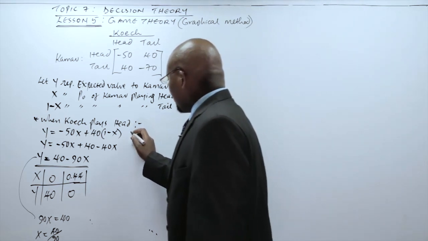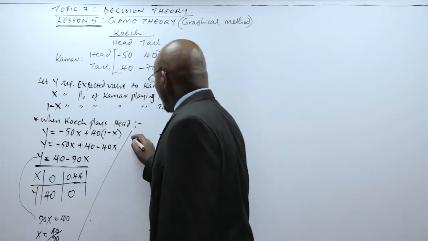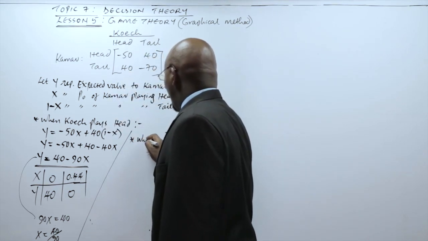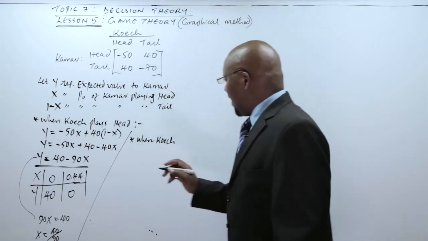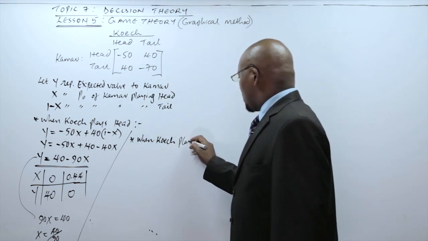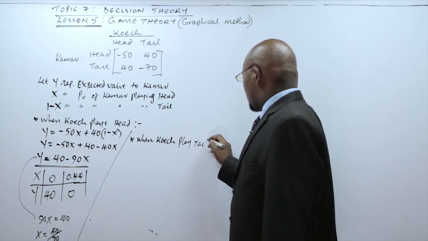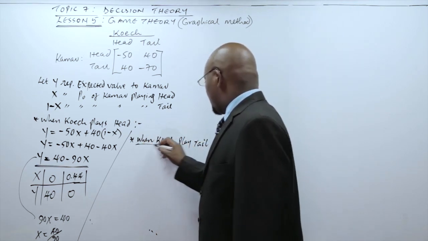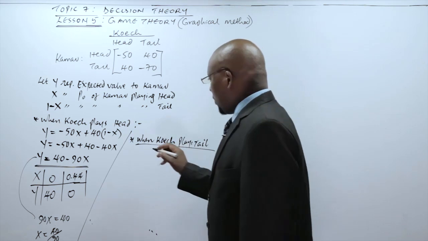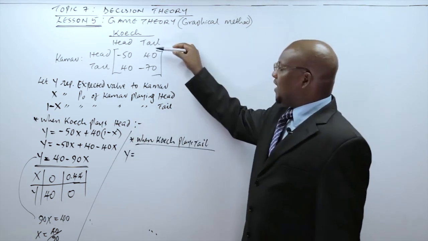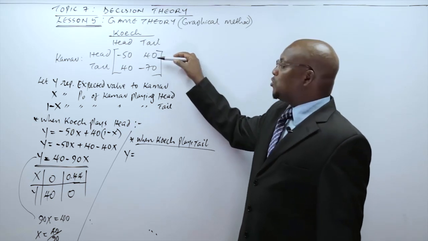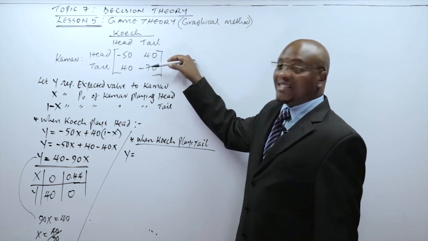But again, when Koech plays tail, we are going to have y equals, look at now, if Koech plays tail here, the values for Kamau to come out are 40 and minus 70.